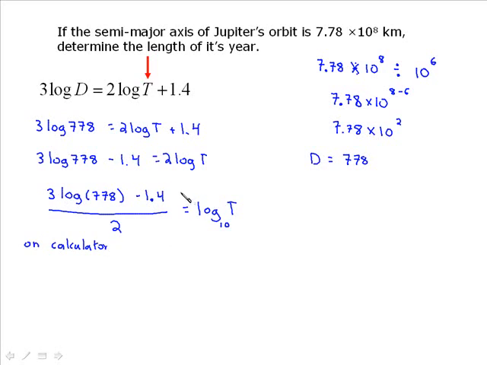Make sure you press enter at the end of that, or else put a bracket up, because if you do not, your calculator will do the 1.4 and the 2 together. And you should end up with 3.6365, I'll take it to 4 decimals, is equal to the log of t to the base 10.